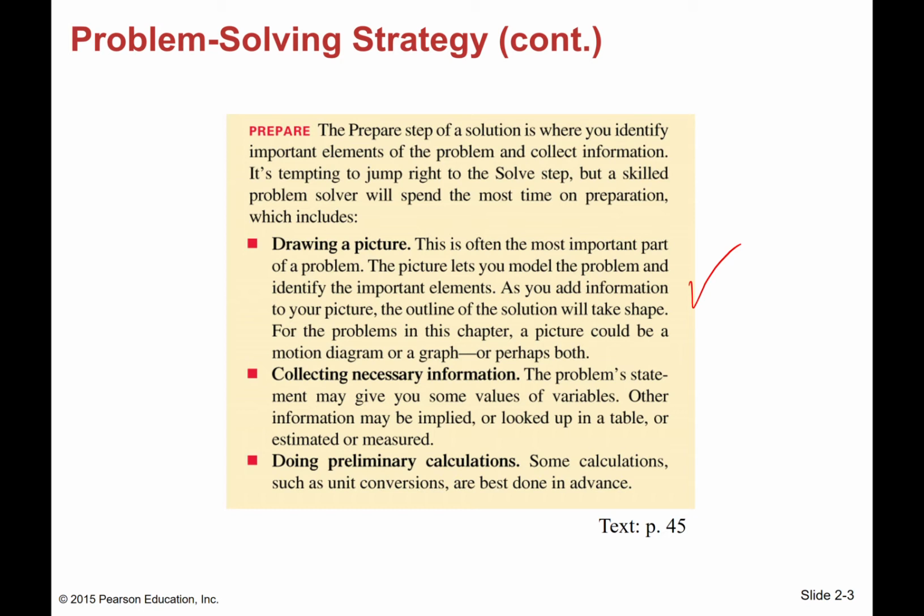Then collecting necessary information, so things that you know, things that you need to find, and then do some preliminary calculation. What this means is basically you have to have an idea of the sort of answers that you're going to get.